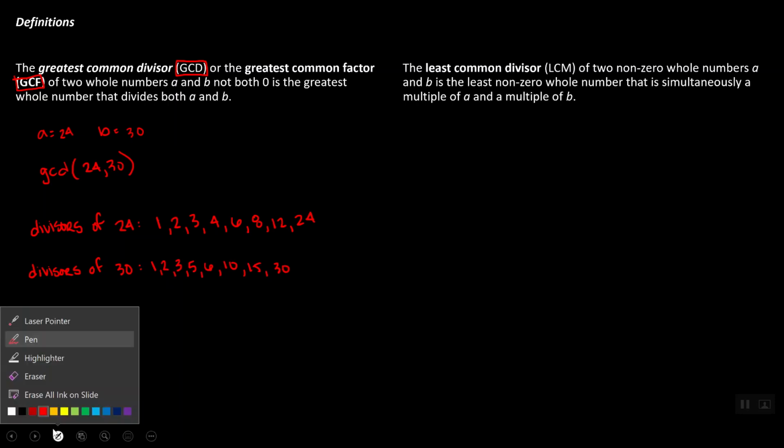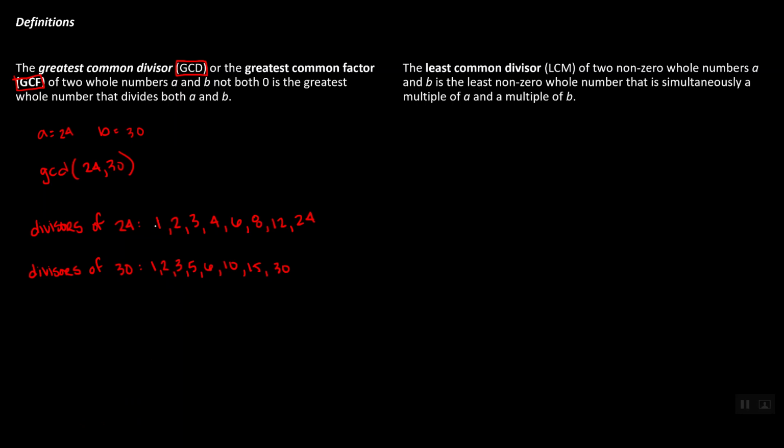If we're asking about the greatest common divisor, that means we're considering all possible divisors and then noting which ones they have in common. Notice that we have a few common divisors. We have 1, 2, 3, and 6.